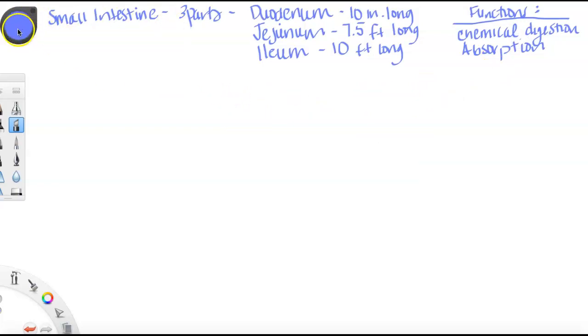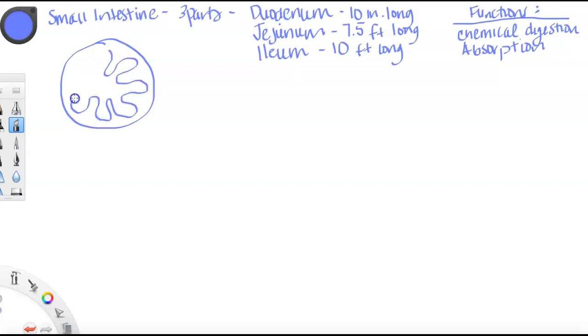So the tube itself looks a little bit like this. And these lumps and bumps, so this is the lumen, and each one of these things is a circular fold.